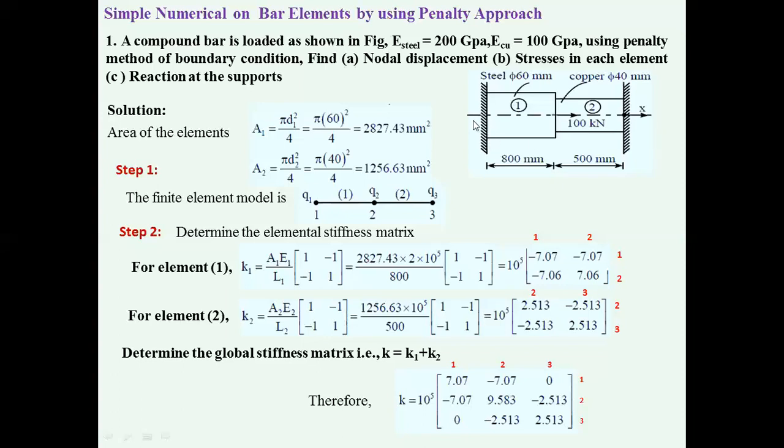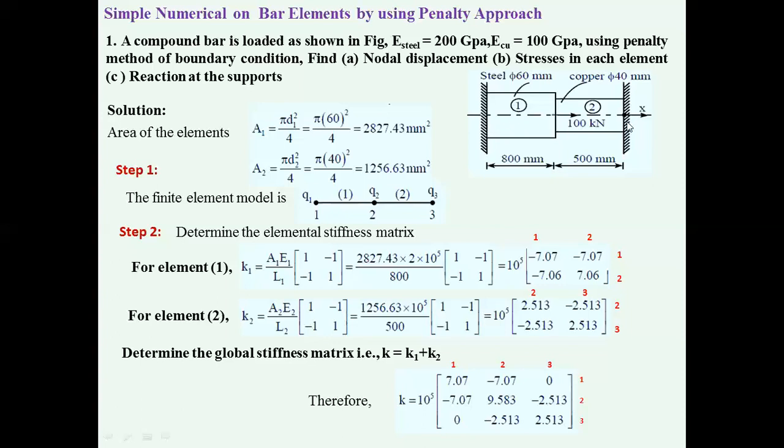So you have to model this by 3 nodes. Here you place one node, here one node, and here one node, since it is the end of the bar. Here also it is the end of the bar. Here the cross section area changes, and a load is applied at the middle, so you have to introduce one node.